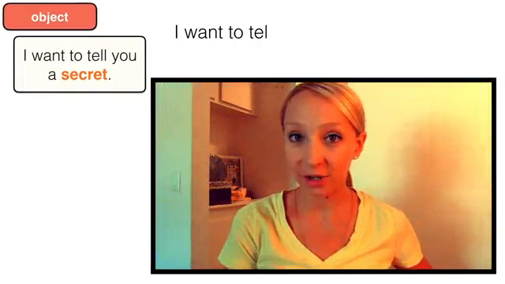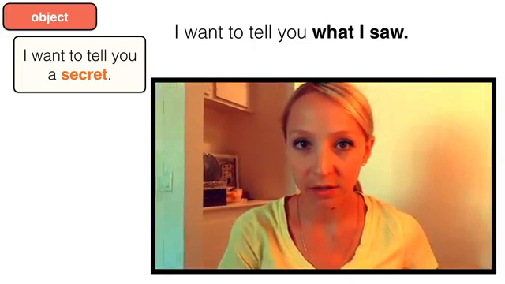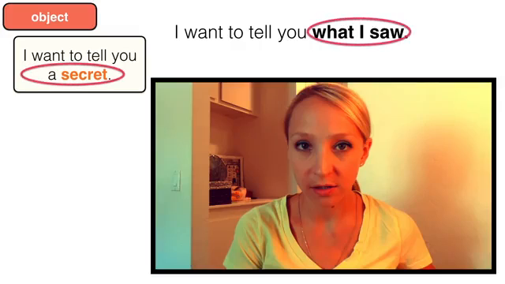I want to tell you what I saw. Okay, you know in the original sentence, I want to tell you a secret, a secret is a noun phrase that performs the job of an object. In the sentence, I want to tell you what I saw, what I saw is also acting as an object.